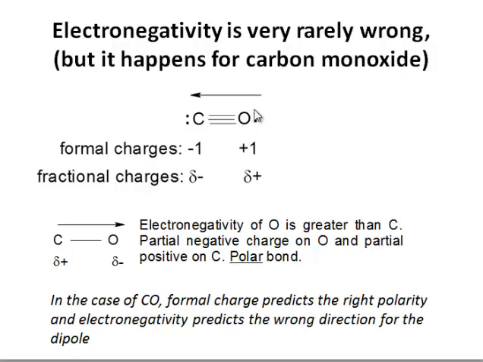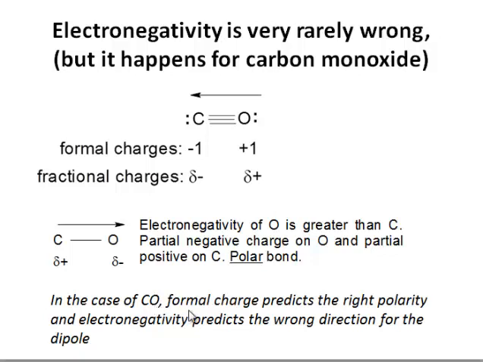Even though oxygen is the more electronegative element, more electronegative than carbon, the formal charge situation with this molecule compels the dipole to point toward carbon. Carbon is the more negative end, even though electronegativity would predict that oxygen is the more negative end.